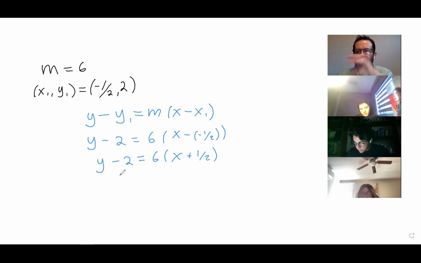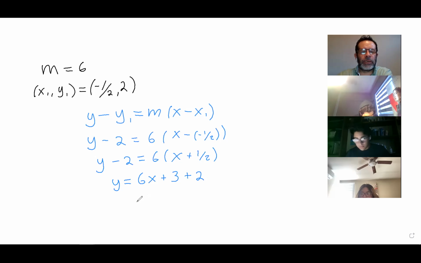And let's just do some arranging here. So we're going to have y equals 6 times, we're going to multiply this 6 by each of the elements there. And we're going to send the 2 to the other side. So this is going to be 6x plus 6 times 1/2 is 6 divided by 2, which is 3, plus 2.